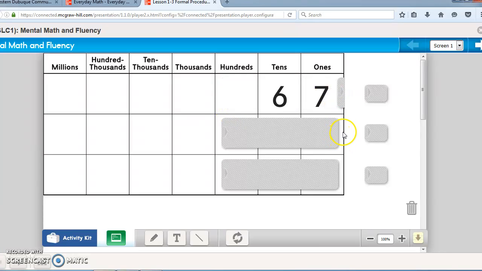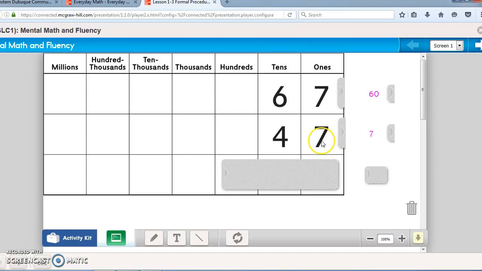What is the value of the 6 in the number 67? Correct, 60. Since the number is 6 and its value is 10, 6 times 10 is 60. What is the value of the number 7 in 47? 7. 7's in the ones place, so 7 times 1 is 7.